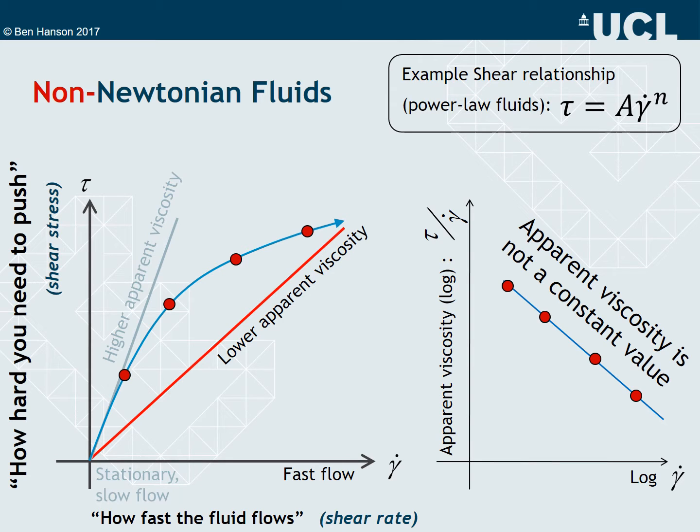And for a particular liquid, that tends to be plotted on a graph of apparent viscosity versus shear rate. That's gamma dot on the x-axis. So you can see it's not a constant value for a particular liquid. It varies depending on how fast you're testing it.